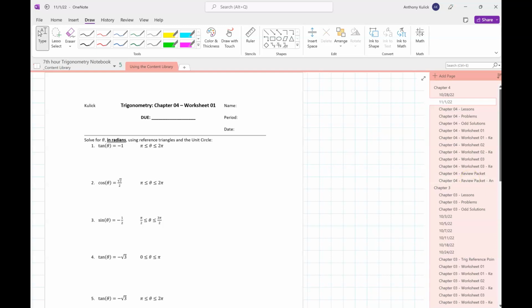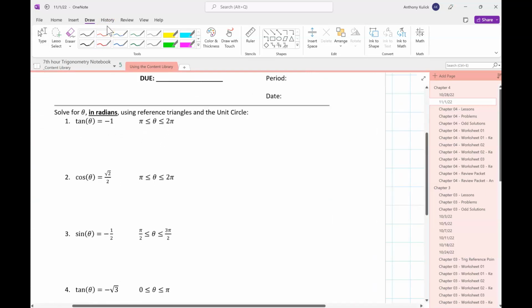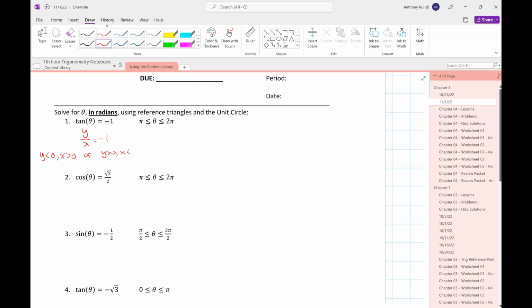All right, so let's maybe do number 1. The first thing I want to do is figure out which quadrant I should be looking for my answer in. I remember on the unit circle, tangent is y over x. So when I have a fraction that's negative, that means either y would be negative and x positive, or y would be positive and x negative.